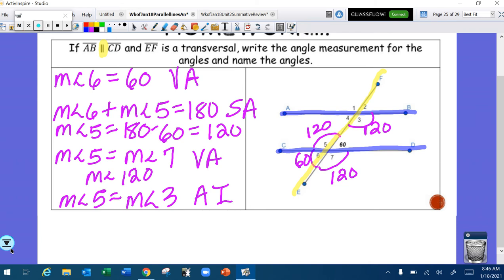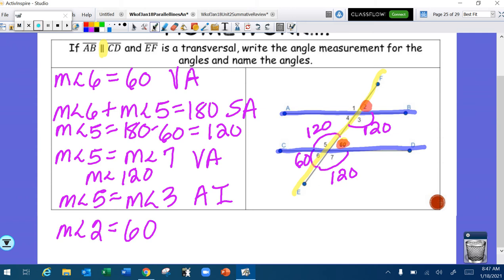So here, I'm going to say that I can go ahead and find the measure of angle 2 as well. The measure of angle 2 is equal to 60, because if I look here, you see how 60, and let me put that in red, is on the top of the bottom line, and the measure of angle 2 is on the top of the top line?